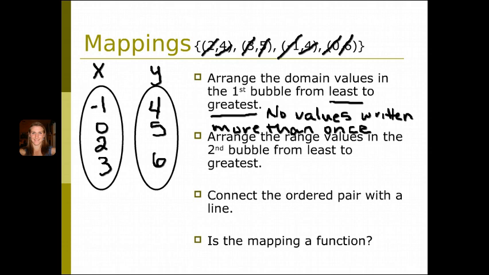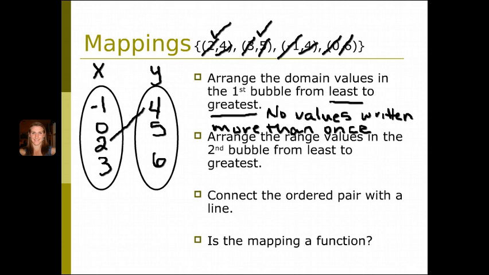Well, our first ordered pair was 2, 4. So we need to draw a line from 2 to 4. That's letting us know that those two numbers belong together. Our second ordered pair was 3, 5.